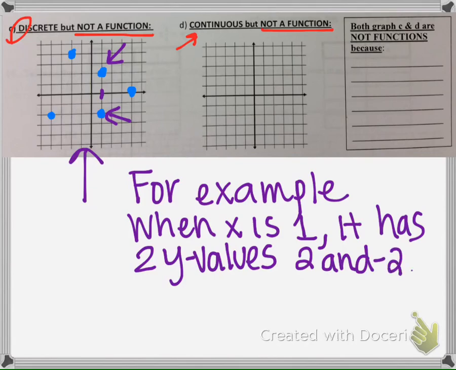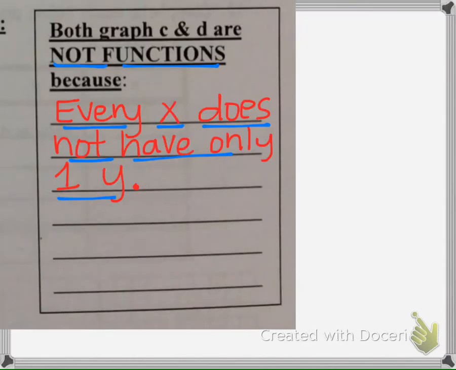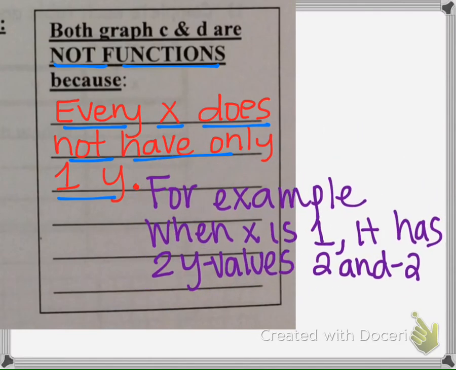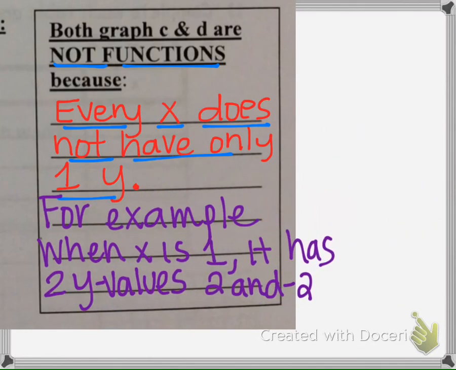So right here there's a point at 1, 2, and there's a point here at 1, -2. So because when x is 1, it has 2 different y values, that is why it's not a function for this particular graph. So I can go to my explanation here, and if I had that as my graph, I could add this to my problem.